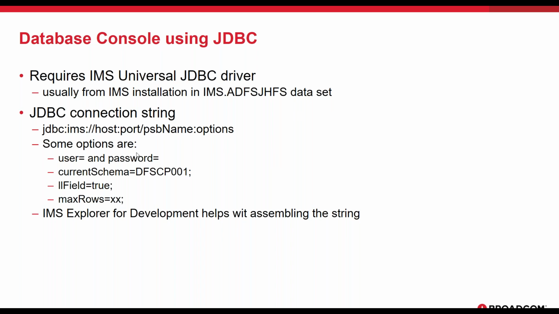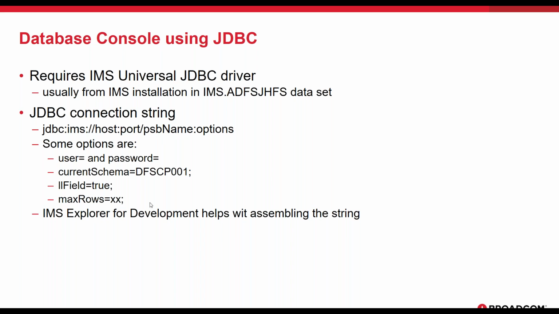Then the options, probably the most used are the user and password if you are running probably your own application, but if you are using the Explorer or other console, there are usually separate fields where you put in your credentials. The other options could be like current schema, which is basically which PCB from the named PSB should be used during your queries.